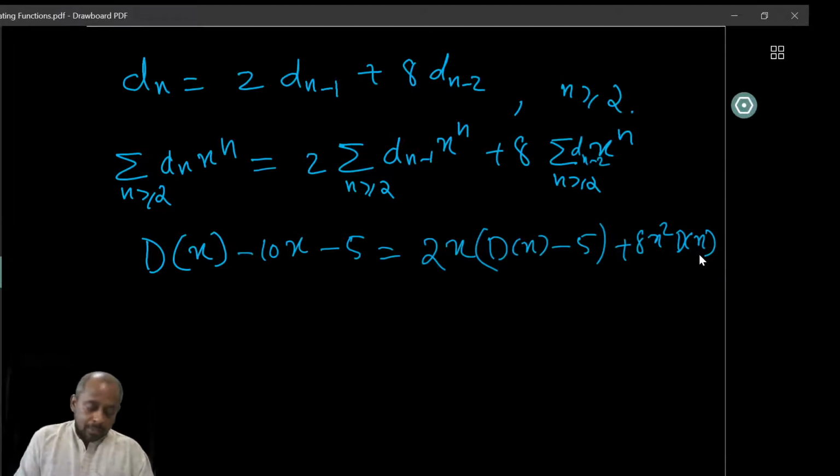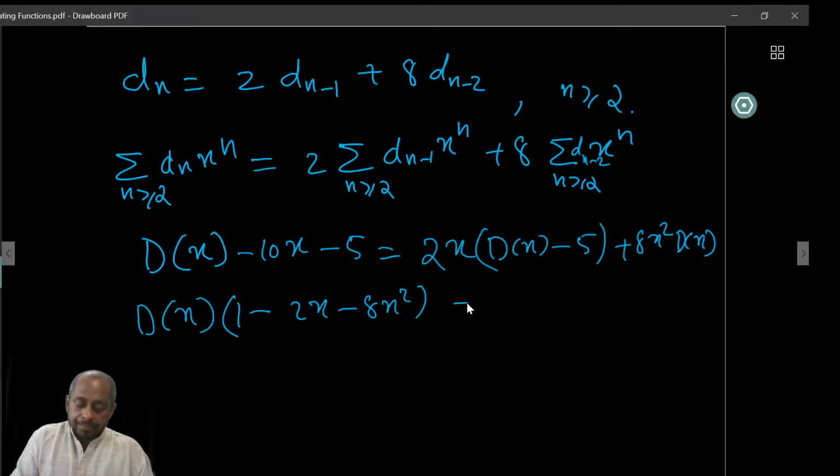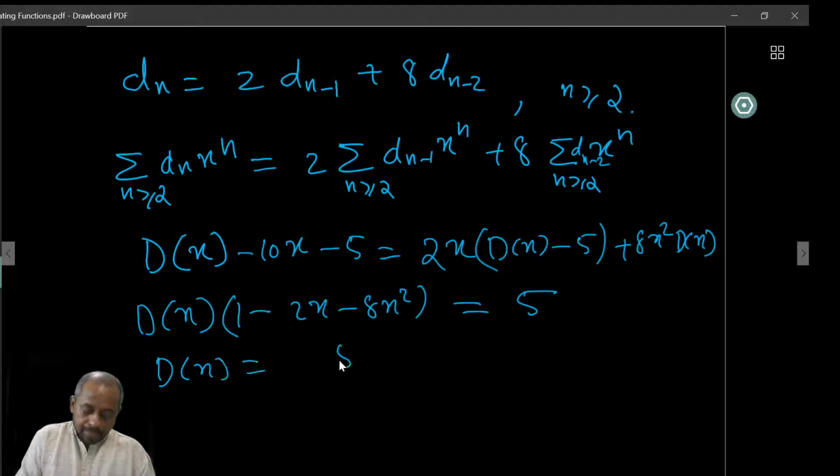So now you can collect d(x) together. You have d(x) times (1 minus 2x minus 8x squared) is equal to 10x, and 10x cancels, so you have minus 5 which comes here, equal to 5. Therefore we have d(x) equal to 5 divided by (1 minus 2x minus 8x squared).